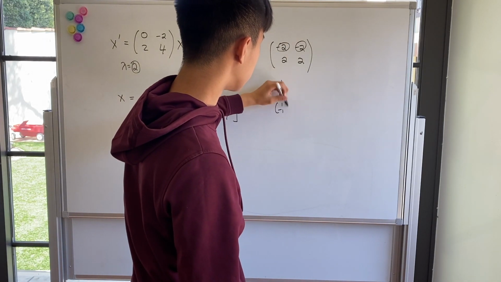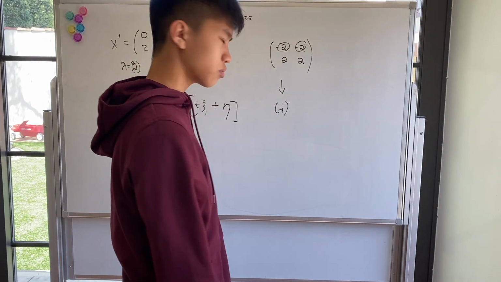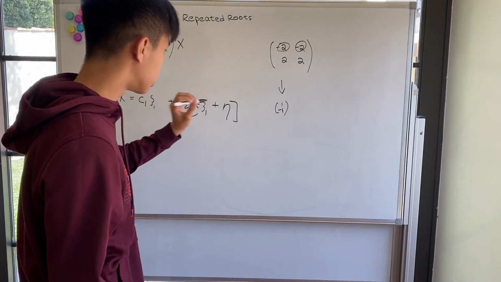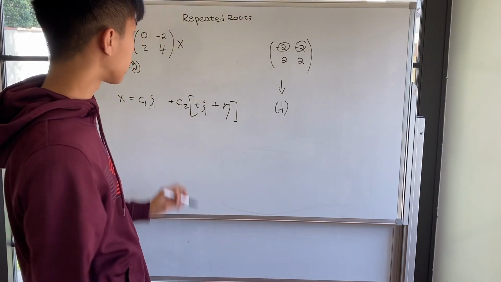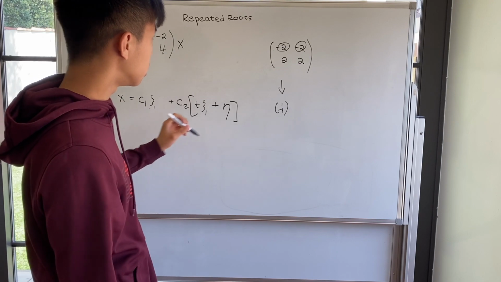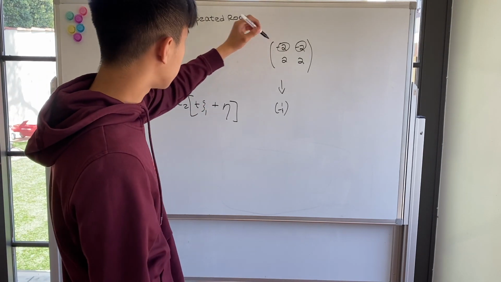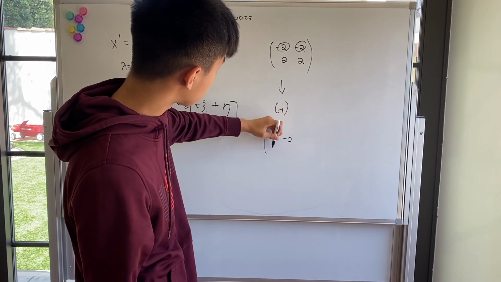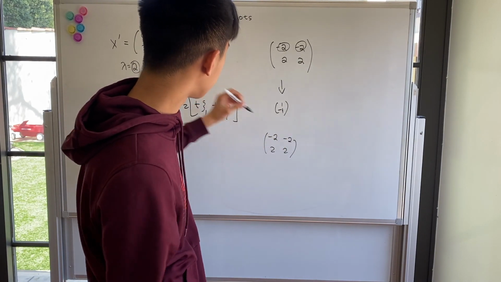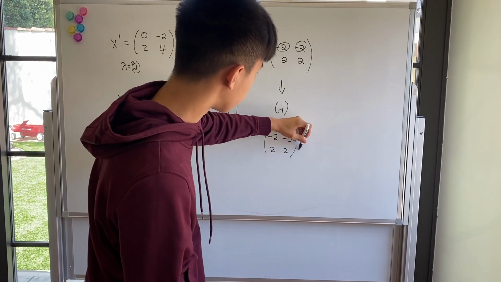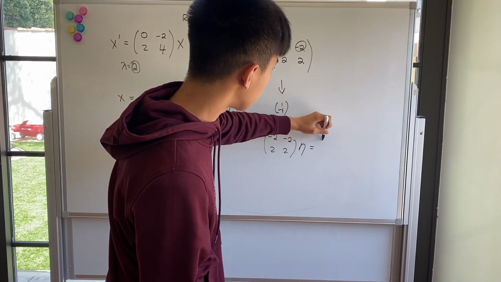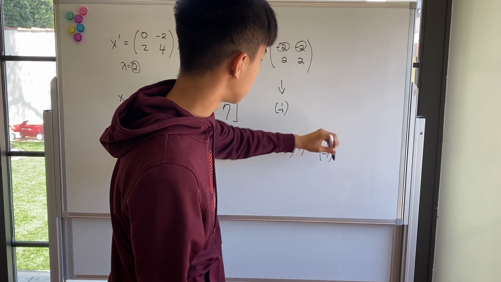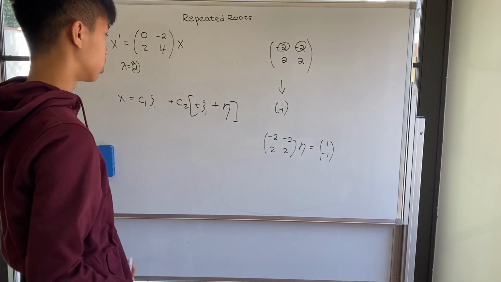Then we need to stick in a negative sign. In order to generate this generalized eigenvector, we take this matrix and multiply it by the unknown generalized eigenvector so that it equals the eigenvector that we know already.